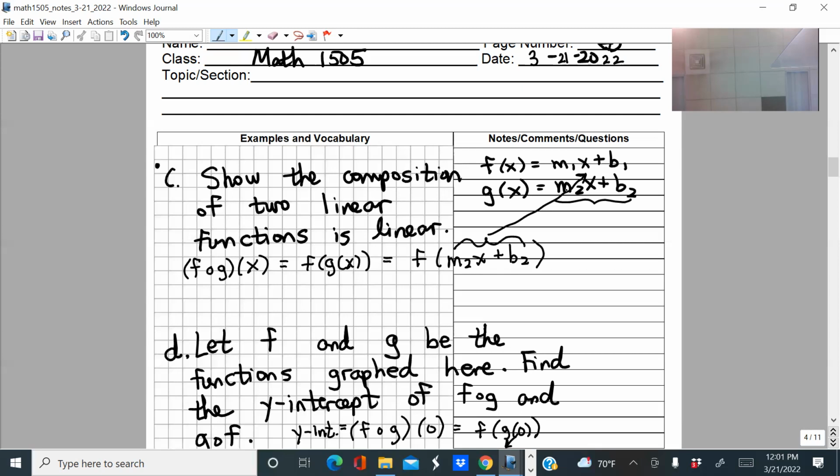It's going to look kind of funny, but if we look at it just the right way, we'll get what we want. All of that, plug that in for x, see what happens.